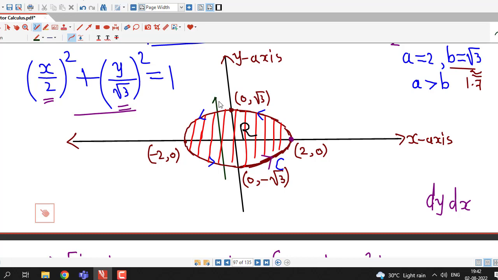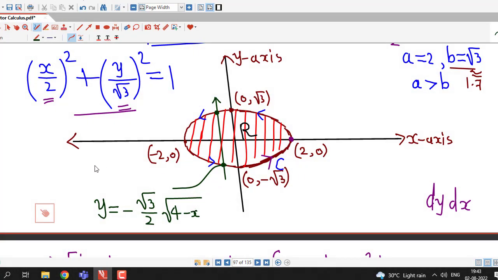Then this vertical line enters the region at this point and leaves the region at this point. This point is below x-axis and it is on the ellipse. So here we will write that negative value, minus root 3 by 2 square root of 4 minus x square. At this point y is negative.